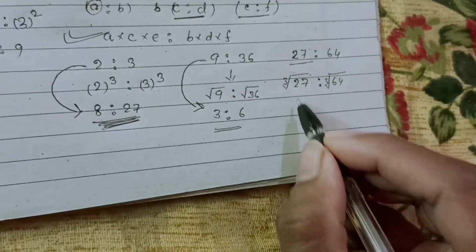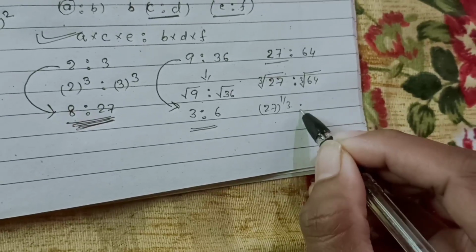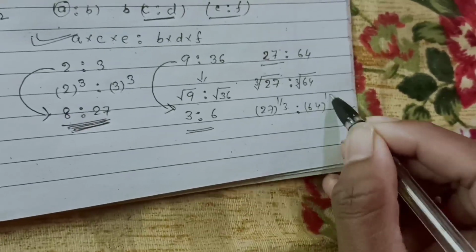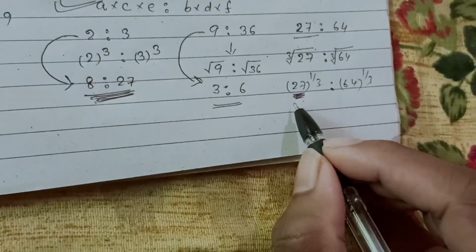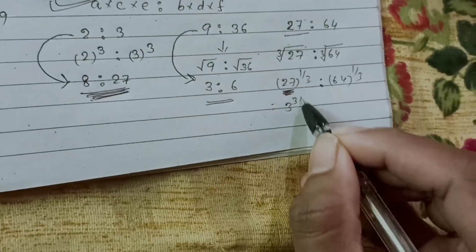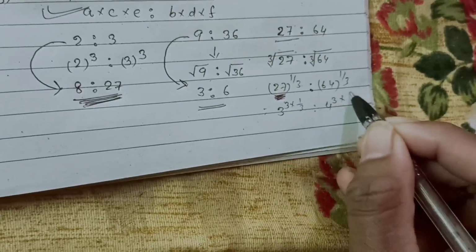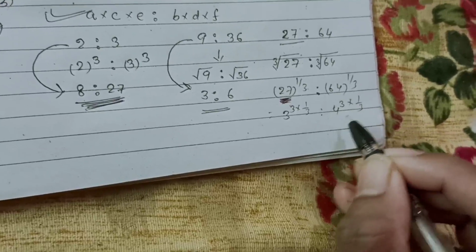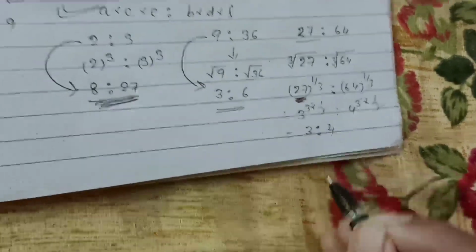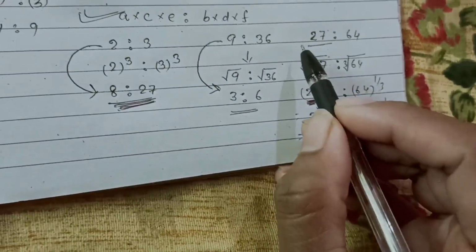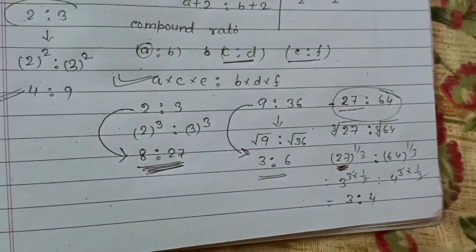So you can write 27 to the power 1 by 3 and 64 to the power 1 by 3. Now you know the cube of 3 is 27, so you can write 3 to the power 3 into 1 by 3, and 4 to the power 3 into 1 by 3. You know 4 cube is equal to 64. So you have found 3 is to 4. That is the subtriplicate ratio of this. Clear? There is no problem.